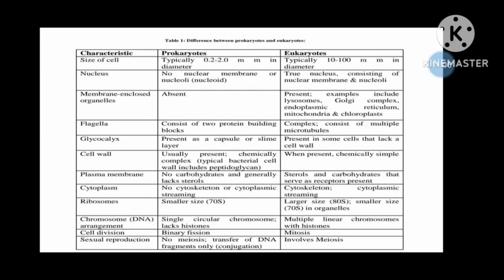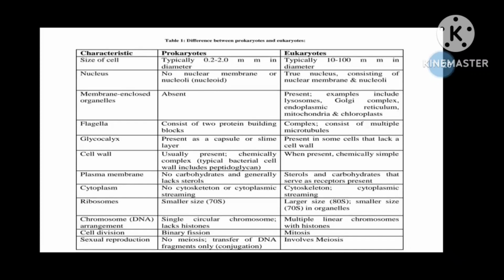Now, next your ribosome. You know, ribosome is of two types. One is your 70S and second is your 80S. Ribosome plays a very important role in your cell. It is the site of protein synthesis.